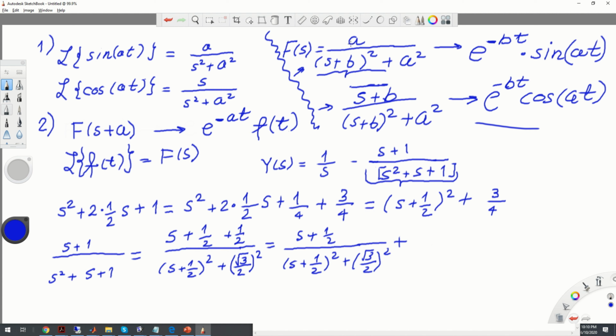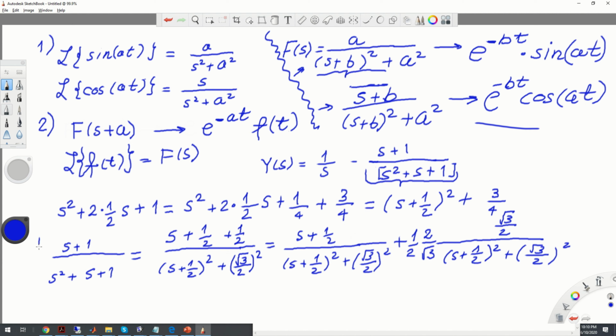Well, in the second term we need to have a on top. This is our a, right? So we're going to put 1 square root of 3 over 2 in the numerator, and we're going to put here 2 over square root of 3. And then we're going to multiply it by 1/2, since we have 1/2 here.